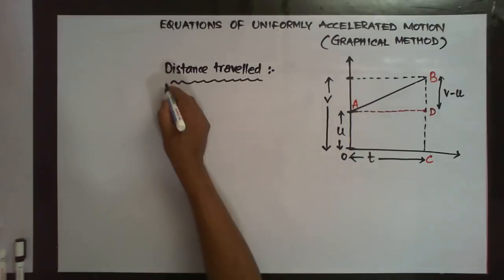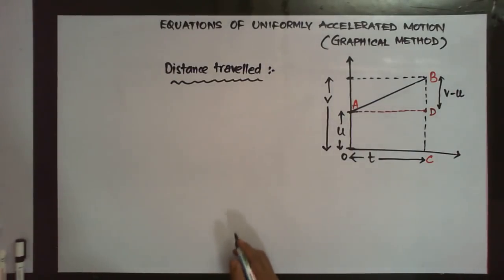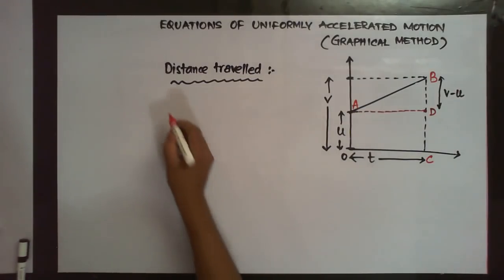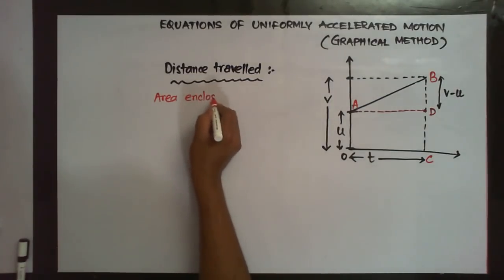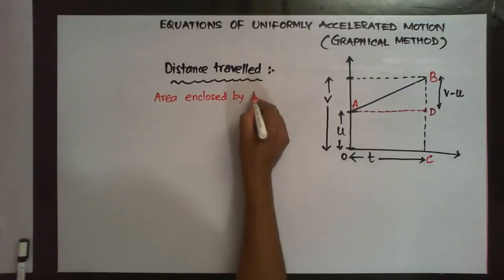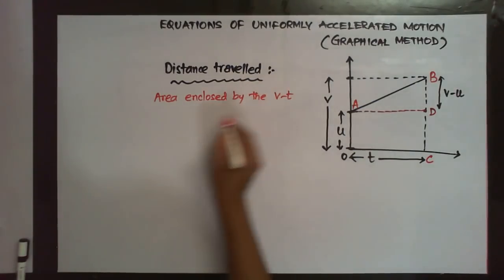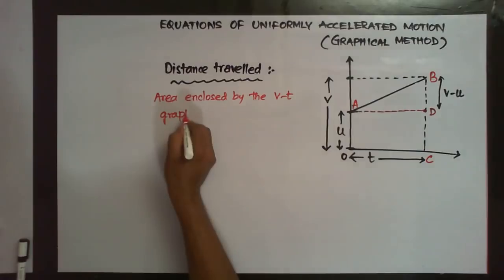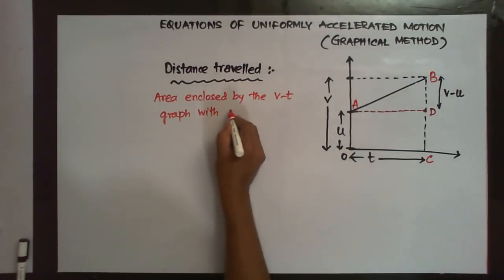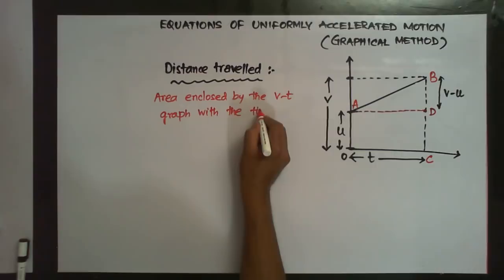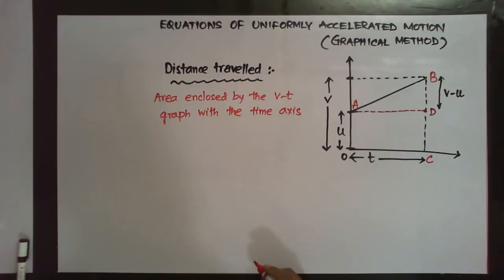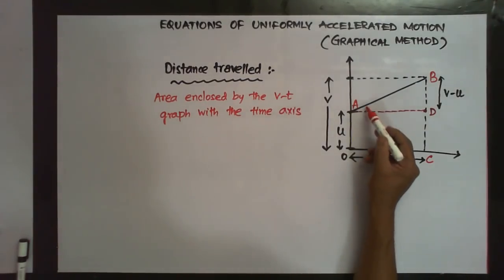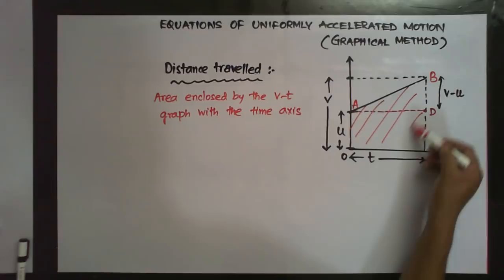Now let us find out the distance traveled by the body. How to find out the distance traveled? We have already talked about the process. Distance traveled is equal to area enclosed by the VT graph with the time axis. Now area enclosed by VT graph with the time axis, if you look at, this is the area, and what is the figure?